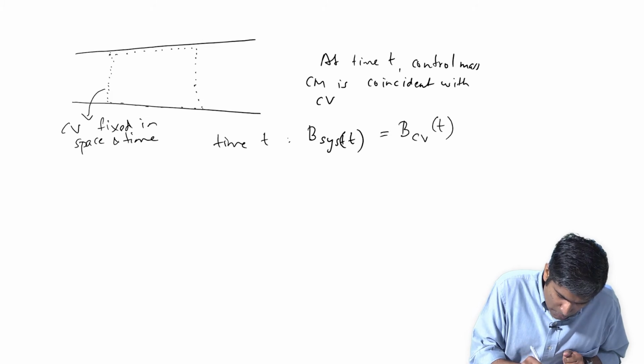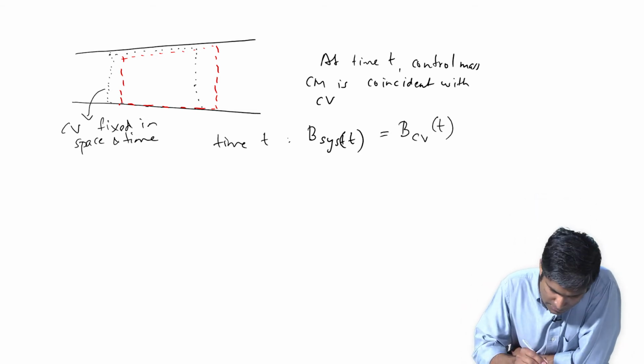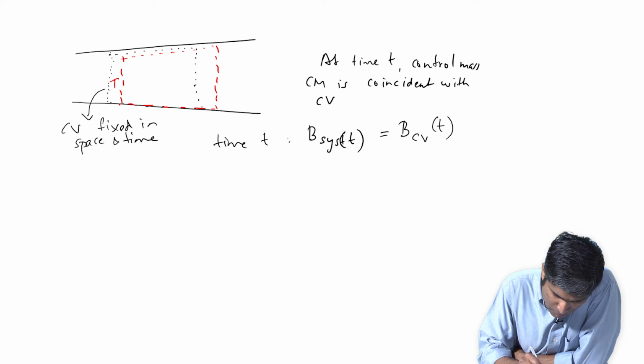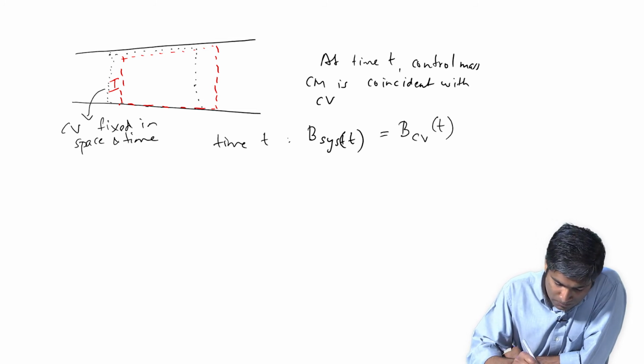So now my control mass is occupying a slightly different volume in space, and it's given by that. Let me mark this portion as 1. That's the volume that was vacated by the mass as it moved out of the control volume.